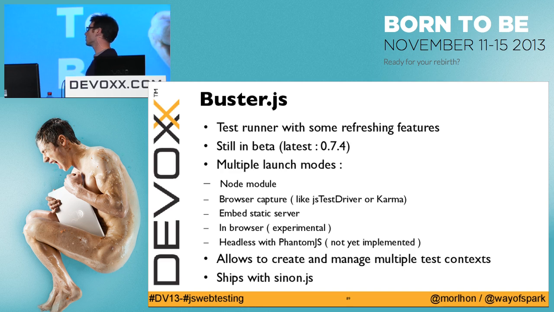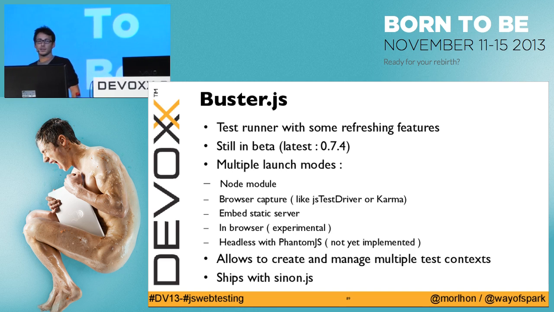You can launch it as a node module. You can use browser capture like Karma. You can use its own embedded static server to start with static HTML and launch tests. You're supposed to be able to launch it inside the browser, like QUnit, for example. It's still experimental for now.